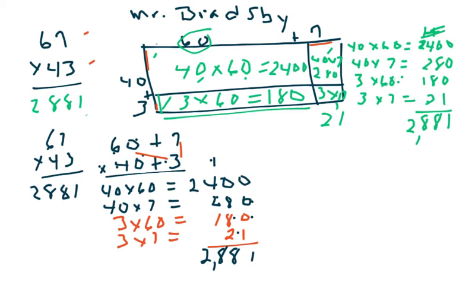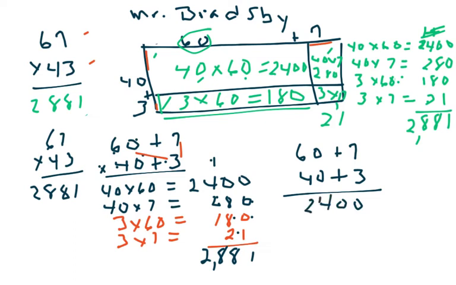Now if you want, you could do the expanded notation without writing down all the problems. 40 times 60, that's going to be 2 tens. 6 times 4 is 24.